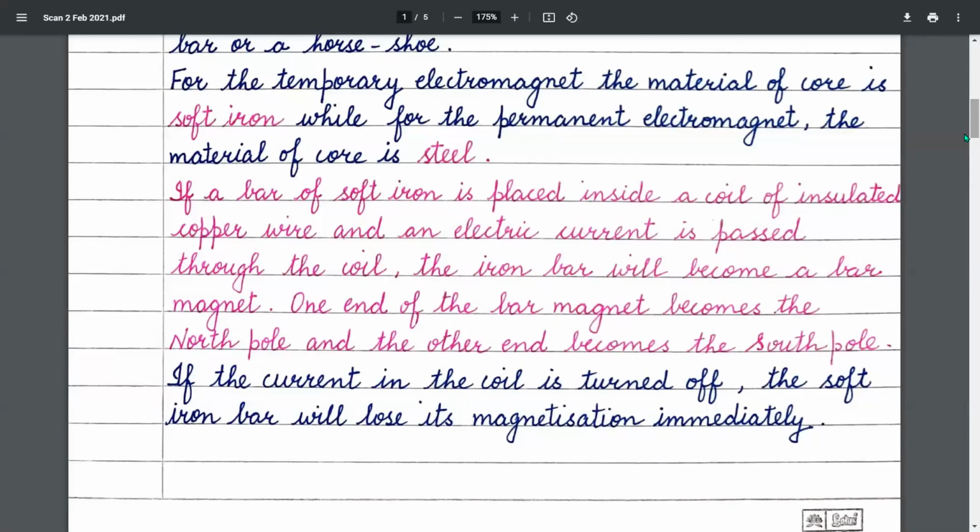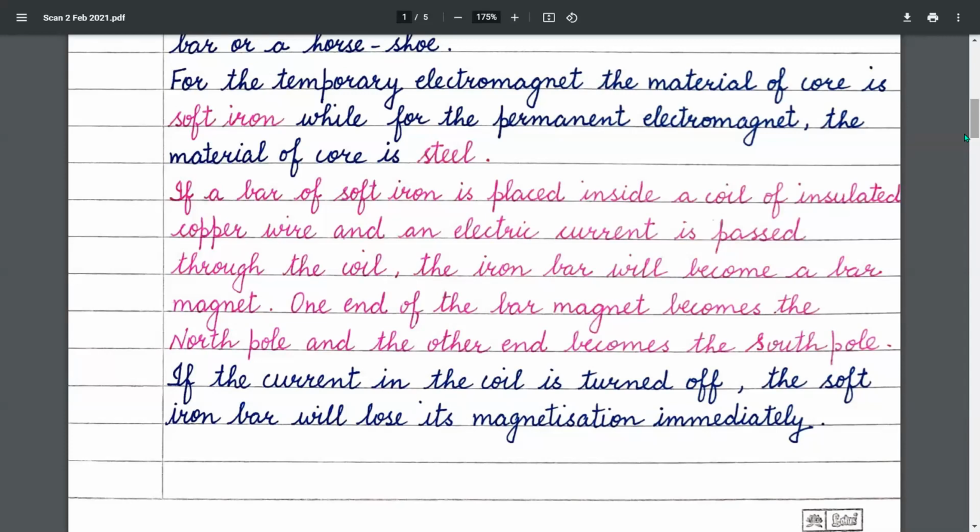If a bar of soft iron is placed inside a coil of insulated copper wire and an electric current is passed through the coil, the iron bar will become a bar magnet. One end of the bar magnet becomes the north pole and the other end becomes the south pole.